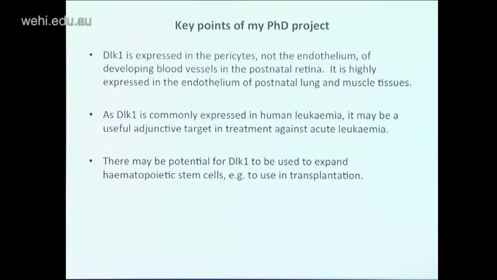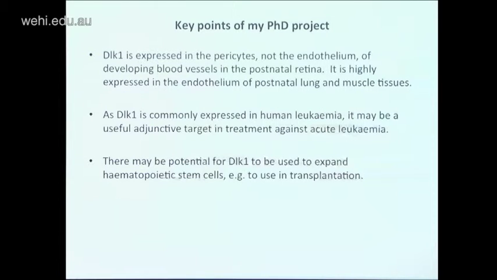Dlk1 is expressed in pericytes, as I've shown you, and not in the endothelium. And it's highly expressed in the endothelium of postnatal lung and muscle tissue. This is just what I'm thinking: because Dlk1 is so commonly expressed in human leukemia, it may be a useful adjunctive target in treatment against acute leukemia.